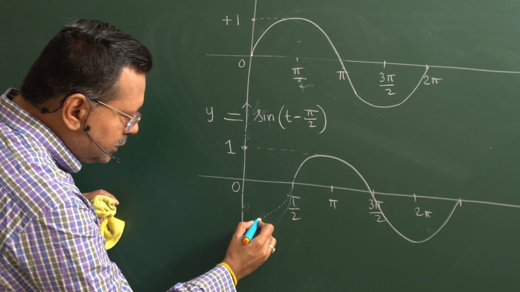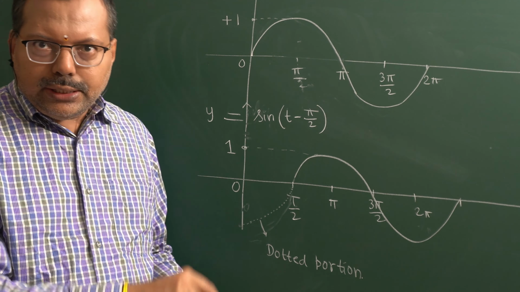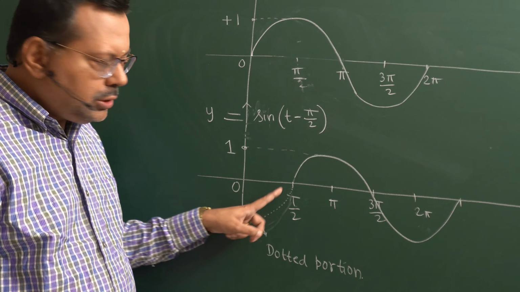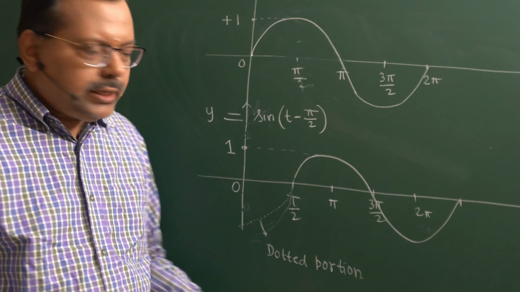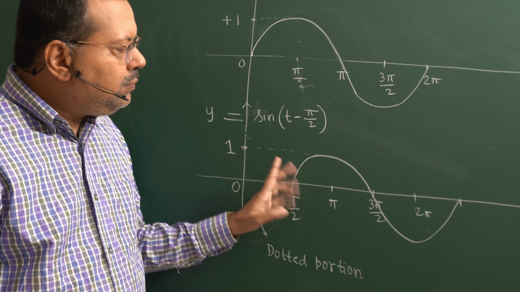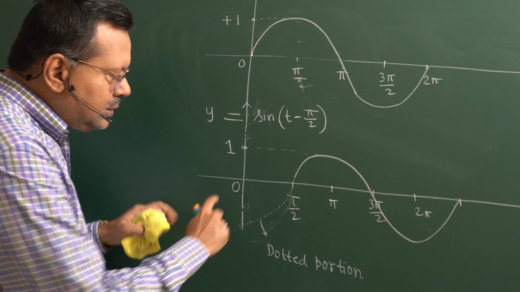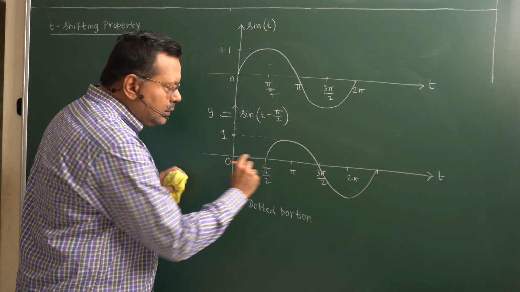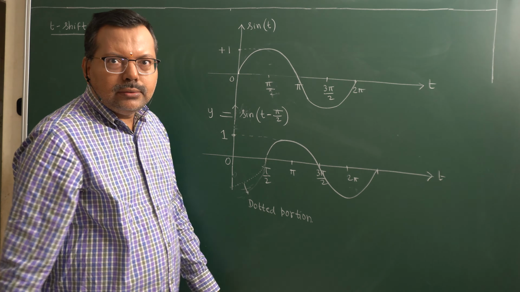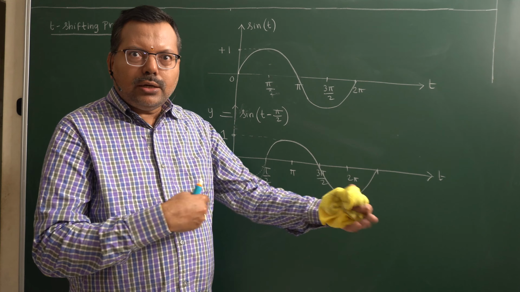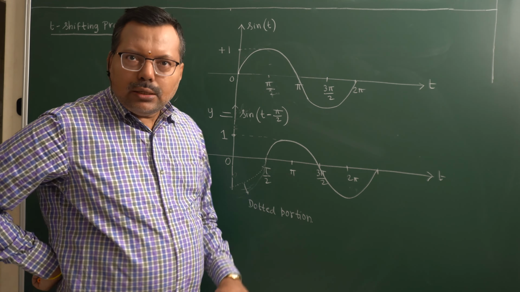This dotted portion of the wave will be generated by mathematics, whereas your apparatus, the function generator, will generate the wave only from this one. In the dotted portion, nothing will be there, which means zero signal will be there in the experiment, whereas the dotted signal will be there in mathematics. Therefore you cannot compare the mathematics, or theoretical work, with the experimental work.